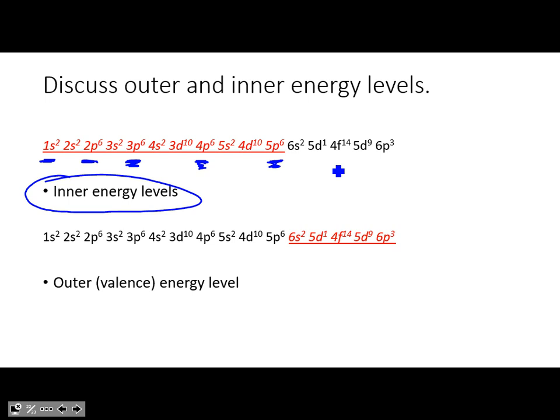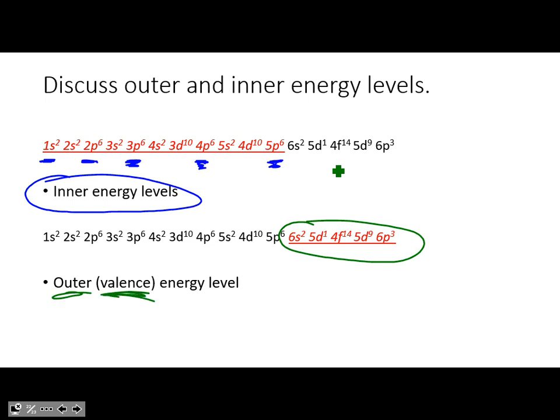The outer energy level is going to be the one that is not filled yet, okay? Or I guess it could have a 6p6 here, and we could consider that outer because it would be filled, but it's still the outside energy level. Okay, it is the last energy level, which we call the outer or the valence.